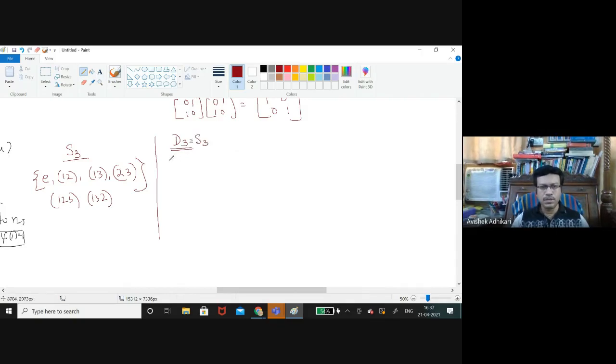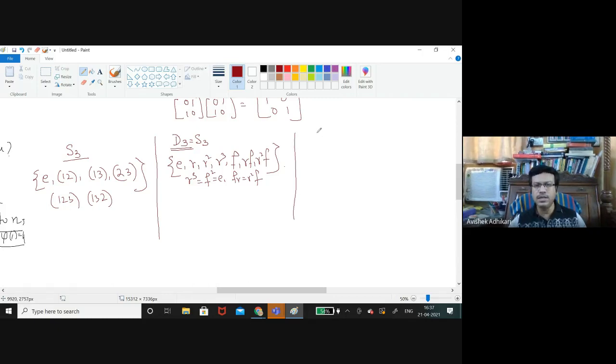That means E, R, R square, R cube, F, RF, R square F, having some properties like R cube equal to F square equal to E, and FR equal to R square F. Also today we have seen that GL2Z2 also has 6 elements.